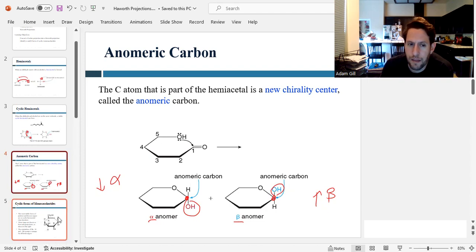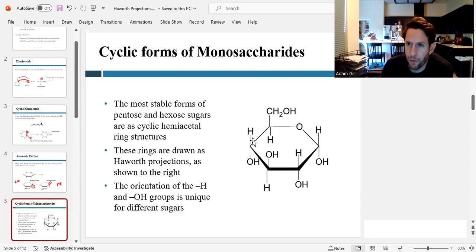Now, sugars have the ability to form these cyclic hemiacetal structures. And so this carbon right here is the anomeric carbon. And so in this case, because the OH is pointed down, this would be the alpha form of this sugar. And so the most stable form for pentose and hexose sugars are actually cyclic hemiacetals.